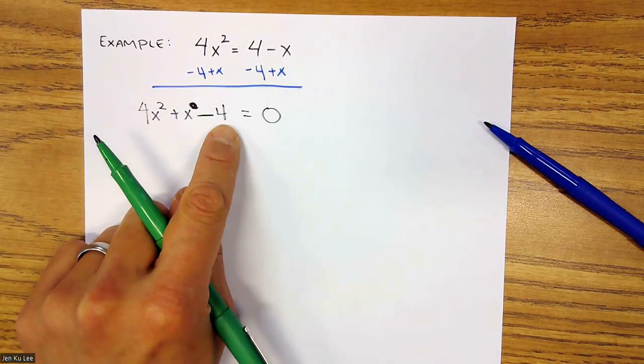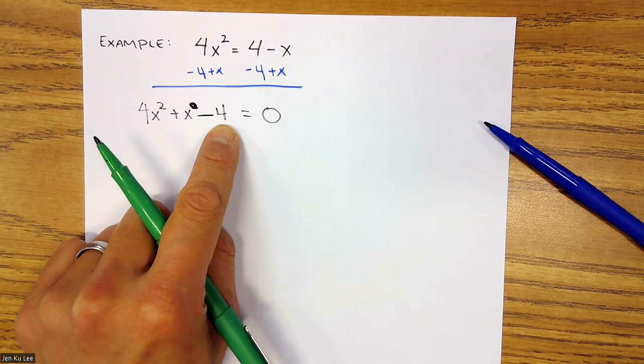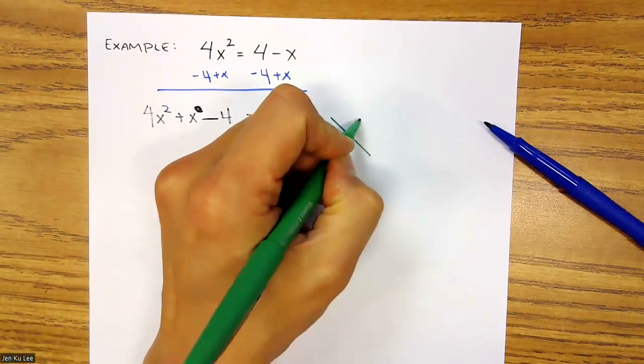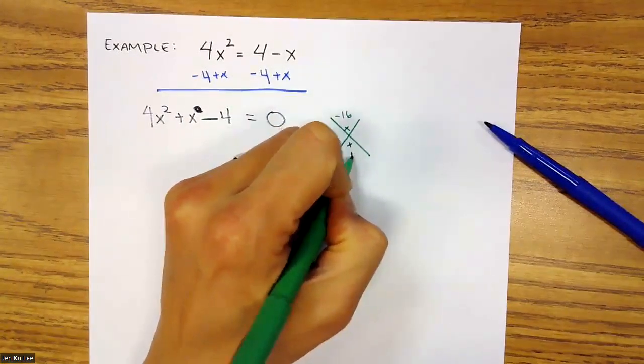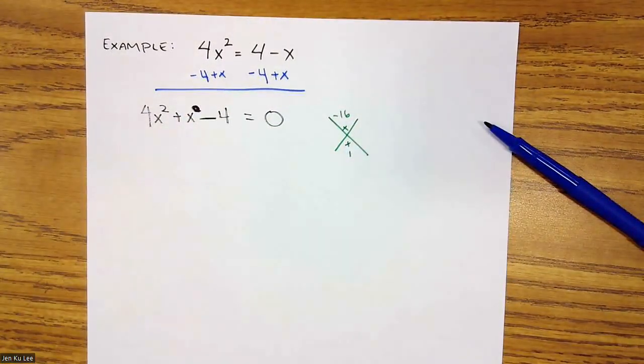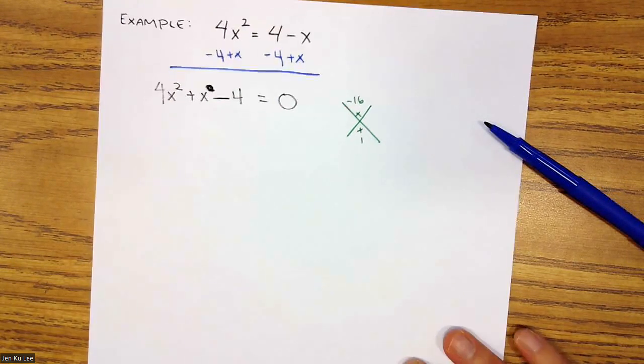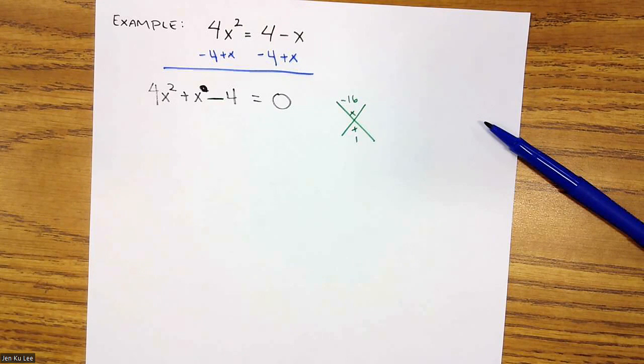4 times 4 is 16. So we need two numbers that multiply to negative 16 and add up to 1. Are there two numbers that multiply to negative 16 and add to 1? Take your time.